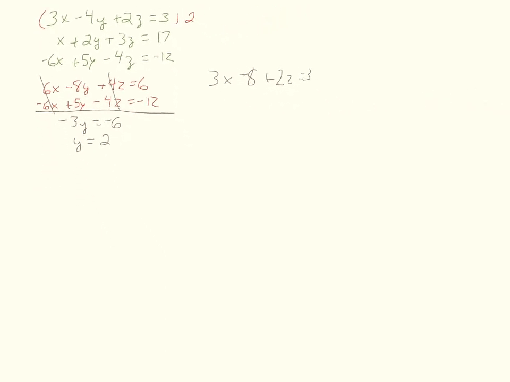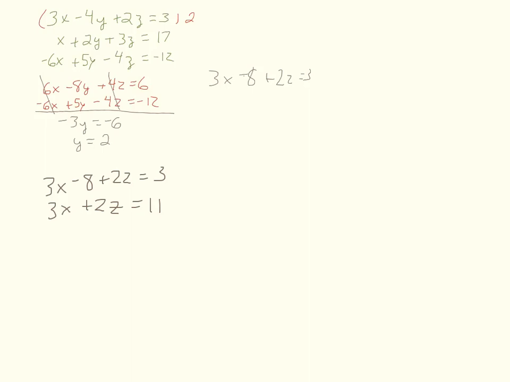So again, we had 3x minus 8 plus 2z equals 3. Okay. And then what I'm going to do is take the 8 to the other side. You end up with 3x plus 2z equals 11.